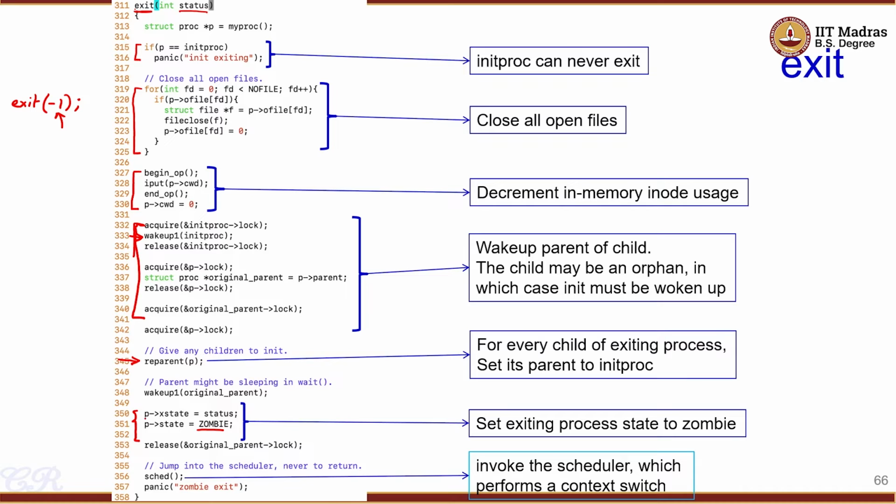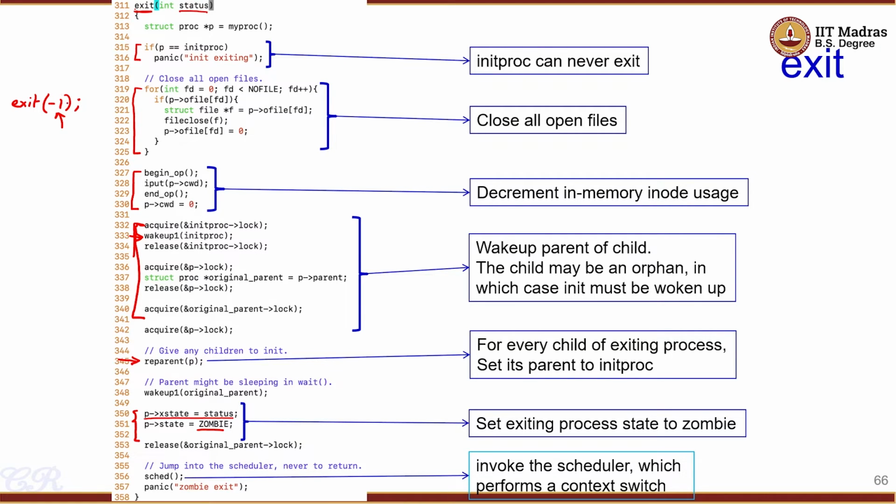Right, now another important thing over here is the xstatus. We have never talked about this entry in the proc structure before. The xstatus essentially is the exit status for this particular process, and it is set to status. Right, status is the first parameter into exit.